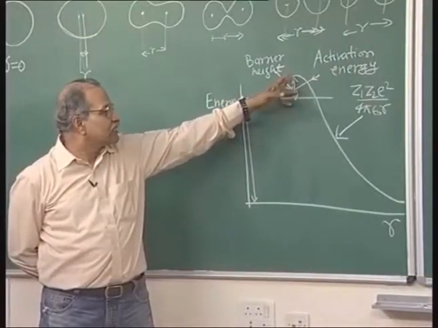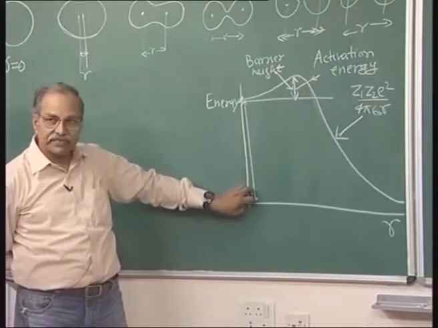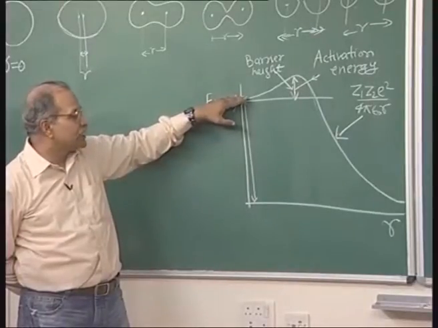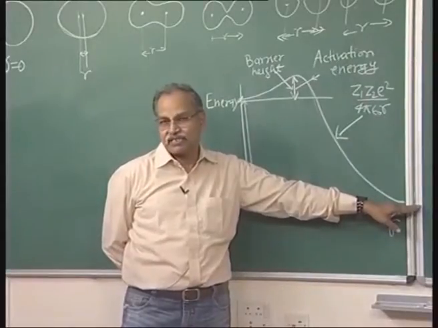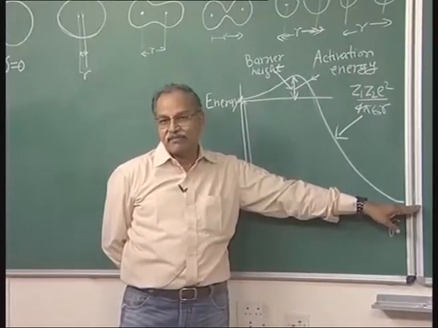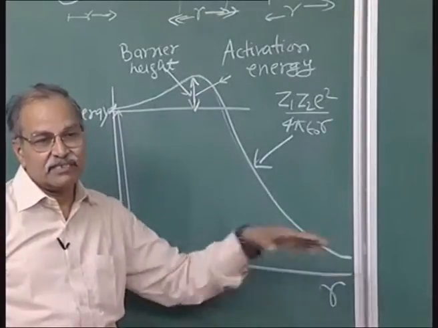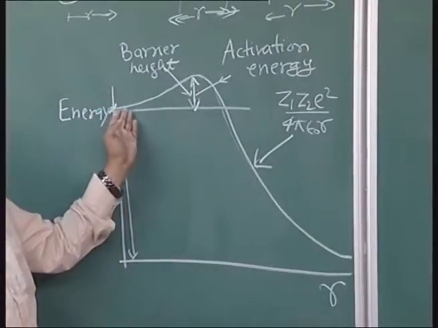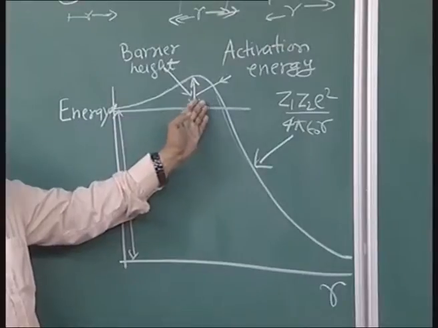So, when you have a nucleus in its ground state, it has this much of energy. If the nucleus splits in two parts, it will have this much of energy. So, the rest mass energy will be decreased, but the intermediate processes, the intermediate states, the intermediate deformed shapes of the nuclei will undergo through these energies, and therefore, you have this barrier.